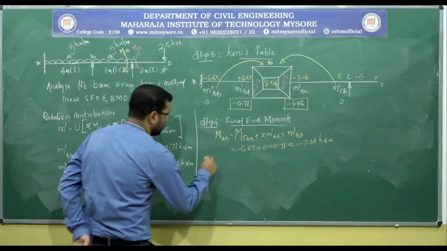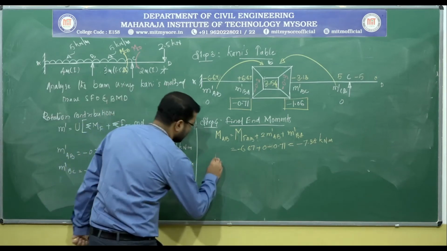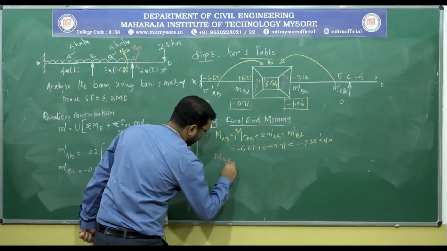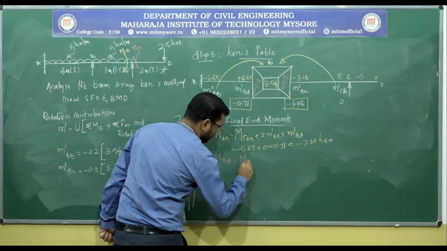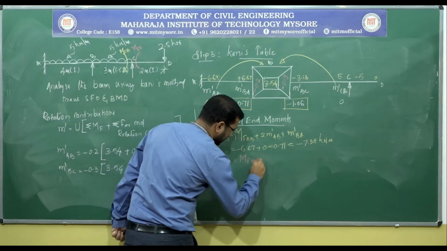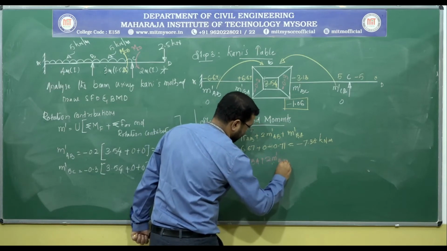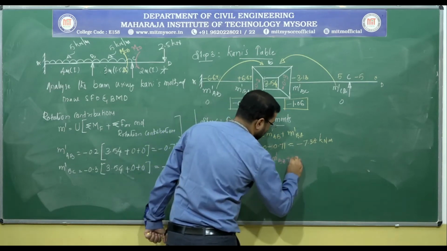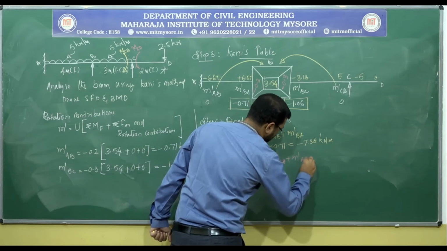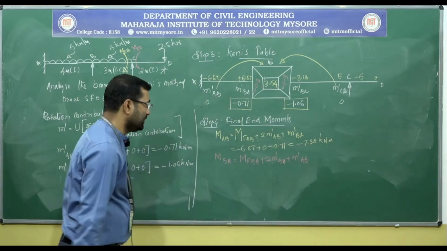Similarly, if I calculate MBA, it is MFBA plus 2 times M dash BA plus 1 time M dash AB.